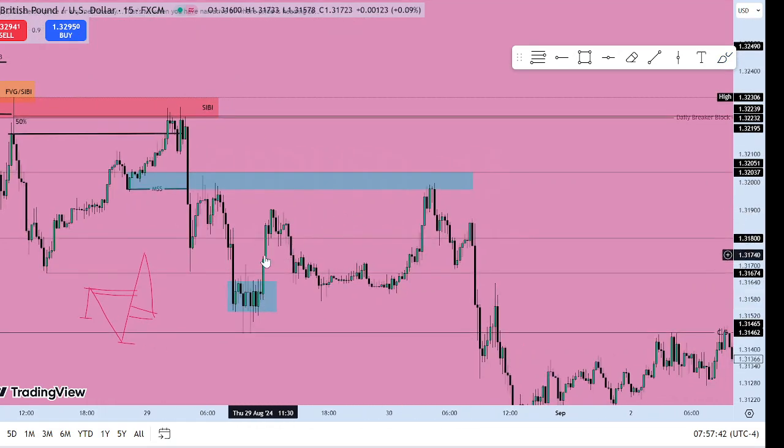You can see we break above this high. Then we created a fair value gap here between this candle low and this bearish candle high. And also we have a breaker here standing as a major support level.